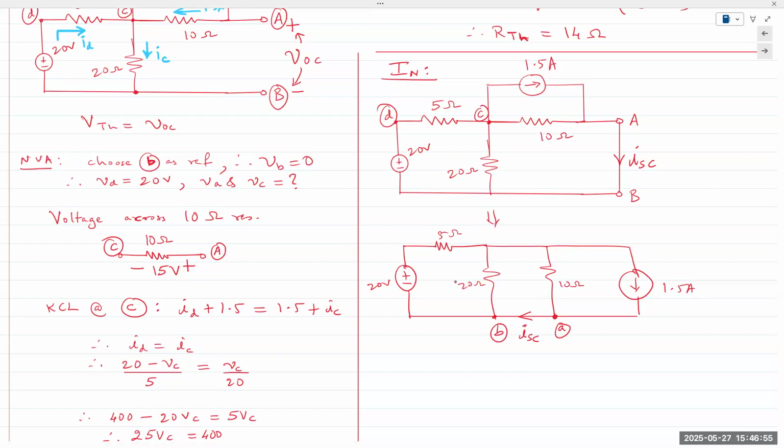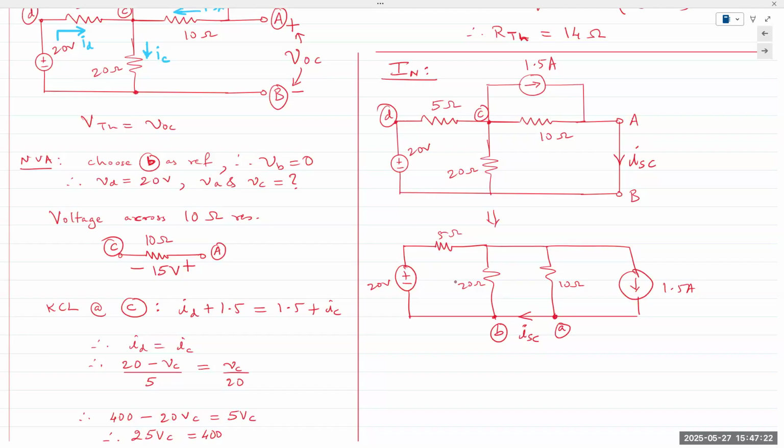Every time we make a change to the circuit, every time we either short or open anything in a circuit, the circuit changes. Once it changes, you redraw the circuit as many times as you need until it starts to make sense to you. Okay. Because A and B are shorted together, that puts the 10 and 20 ohm resistor in parallel.